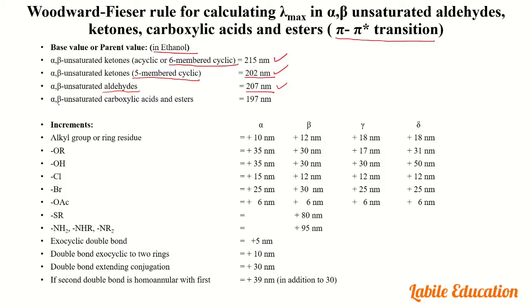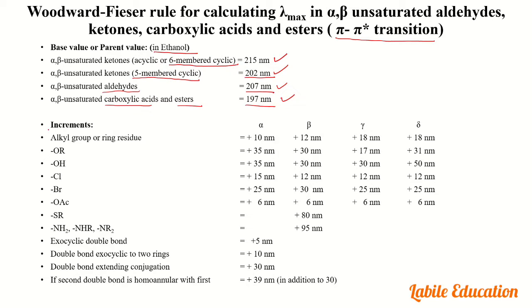For alpha beta unsaturated carboxylic acids or carboxylic esters, the value is the same, 197. These values may differ by 1 or 2 nanometer in different books, but don't worry, the answer will not differ by more than 1 or 2 nanometer, right?